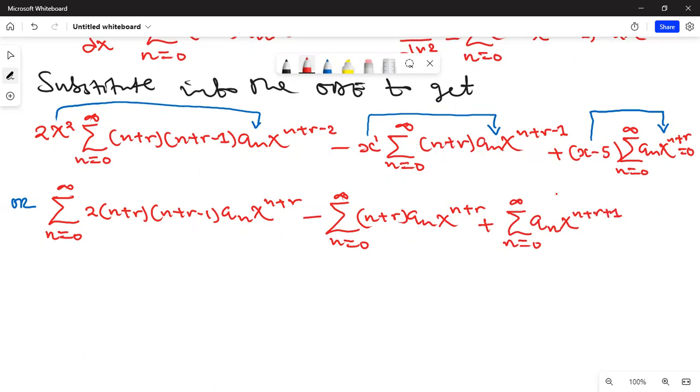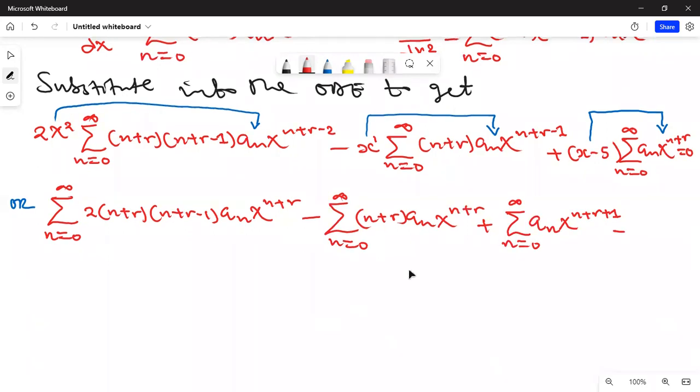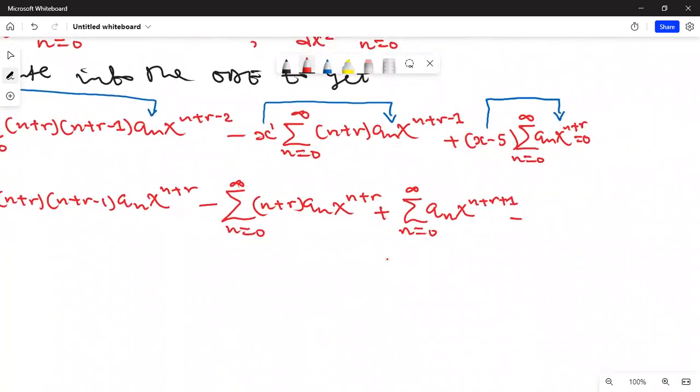Then now times minus 5, we'll have minus the sum from n equals 0 to infinity of 5 a sub n x raised to n plus r, and the right-hand side should be equal to 0.